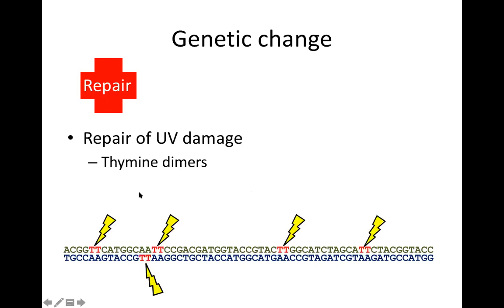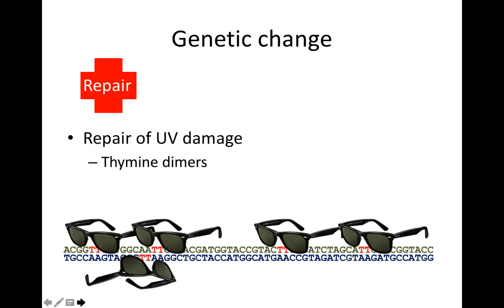So let's say you hit prokaryotic DNA with UV radiation. You have these thymines that dimerize, they're covalently bound to one another. So they have a way to protect themselves from this UV radiation, again, that you don't.